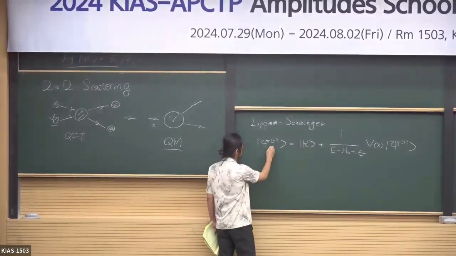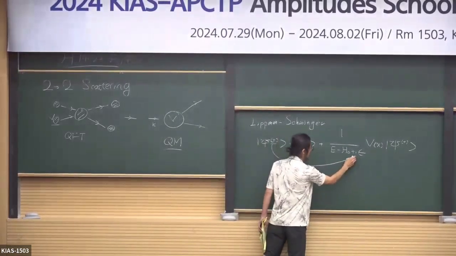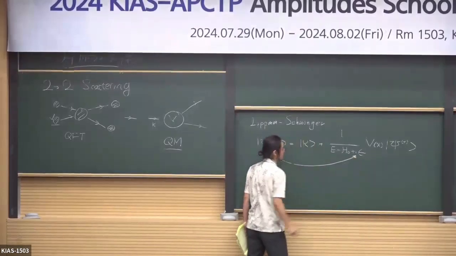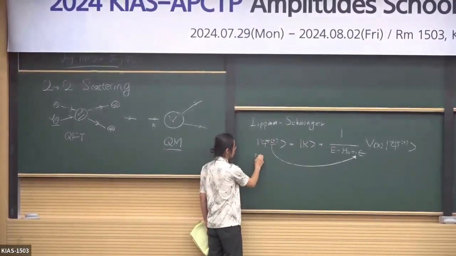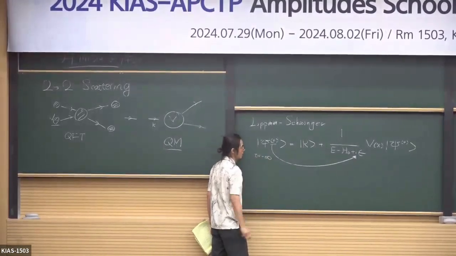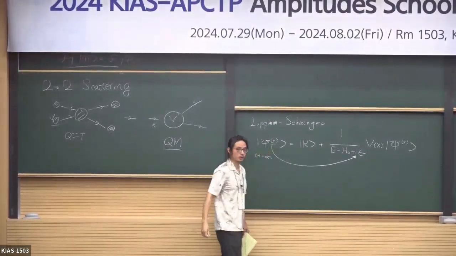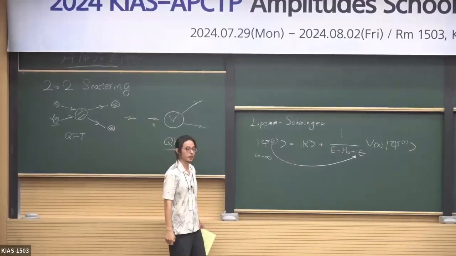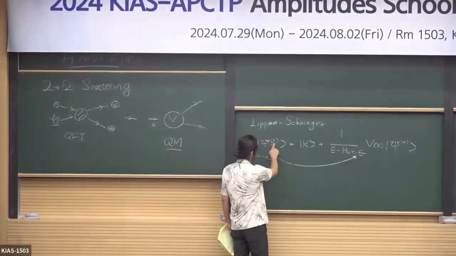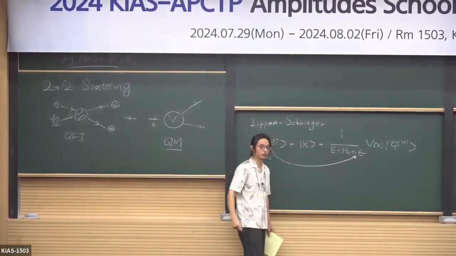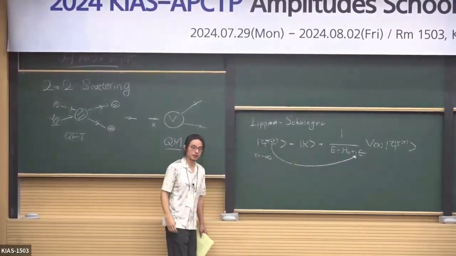Now, this plus here is related to your i epsilon prescription, which is basically setting it up such that when t goes to minus infinity, this state will reduce to the usual plane wave. Of course, you can also choose the minus prescription, which sets up a boundary condition at t goes to plus infinity.